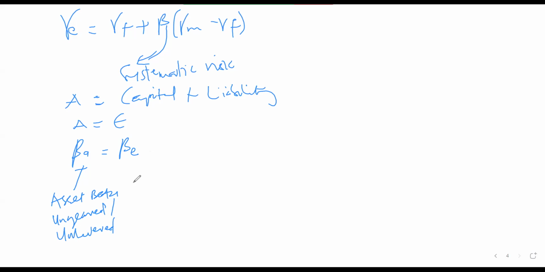This is the beta of the firm when it is all equity financed. As soon as we introduce debt to our capital structure, your asset beta will no longer be equal to your equity beta. This is the equity beta, the systematic risk to equity holders, also known as a geared or levered beta.